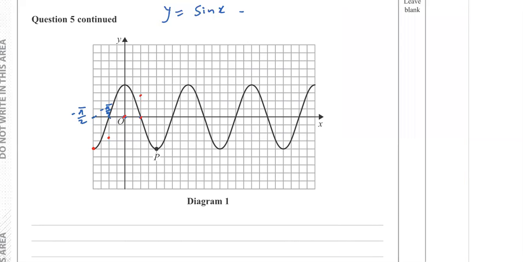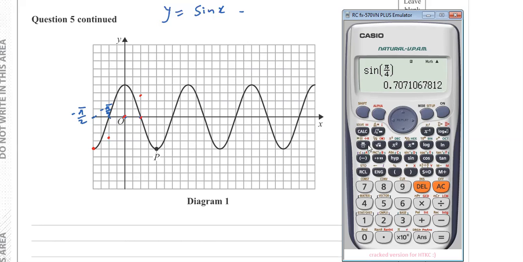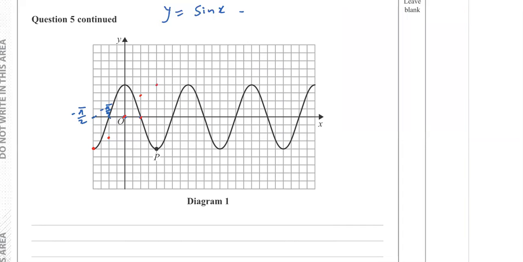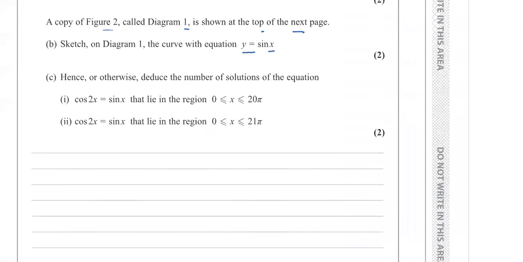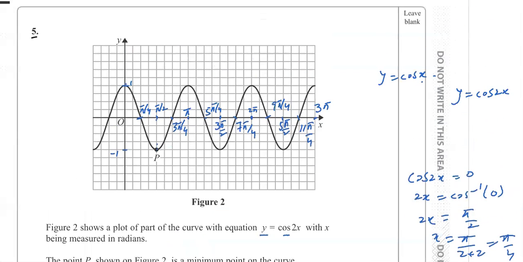And then if I will take for pi by 2, sin of pi by 2 will give me 1. So this is one maximum value here. And then the next one we know for after pi by 2, yes, after is 3 pi by 4.